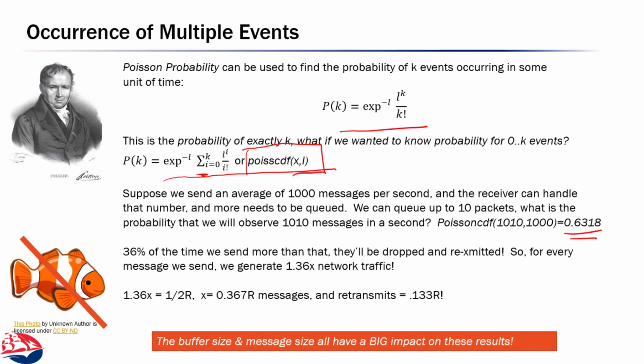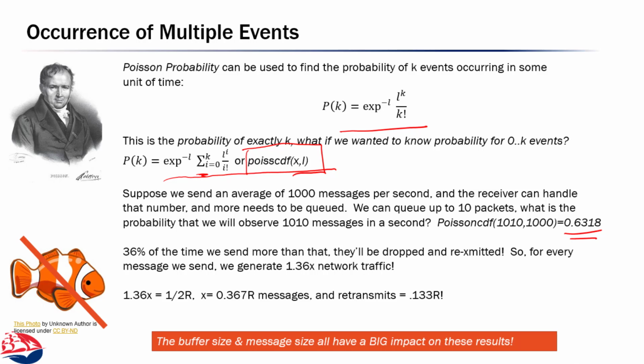So how did I get that 10? If there's 10 queue slots, then I can only handle at most the number that I can handle plus the 10 that go into buffering, right? That means that 36% of the time we send more than that, they'll be dropped and need to be retransmitted. So for every message that we send, we generate 1.36 times the network traffic.